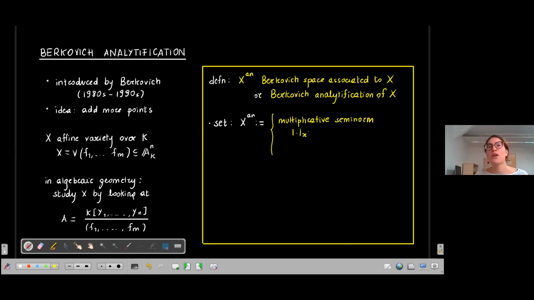As a convention, I will denote the points by x if I think of them as a point, or with the double bar |.|_x if I think of them as a semi-norm, but they are exactly the same object.